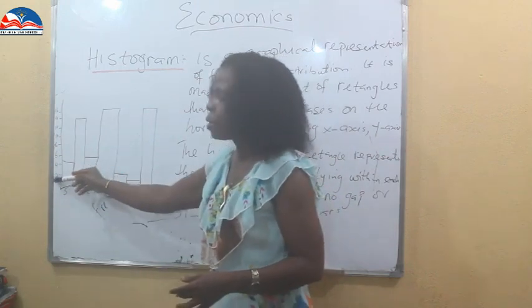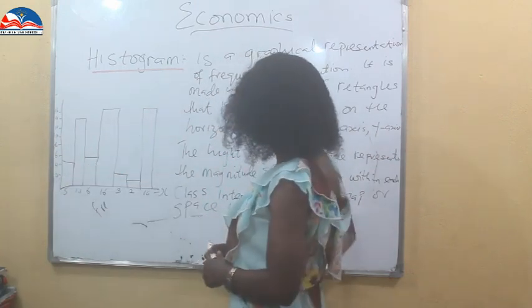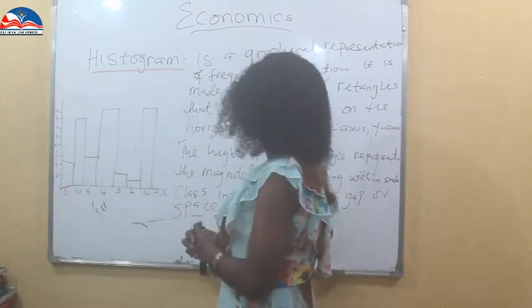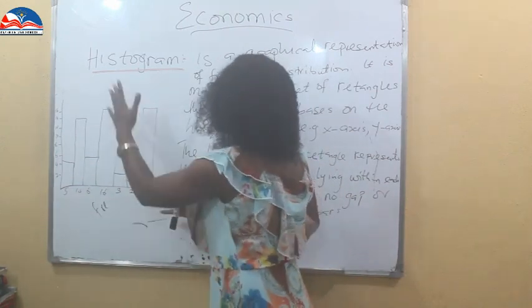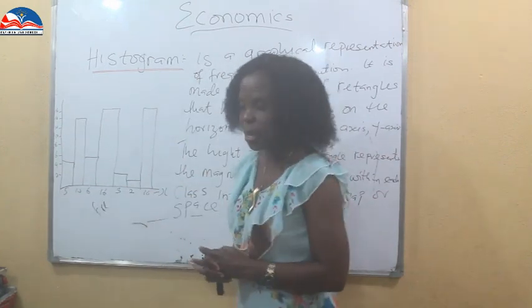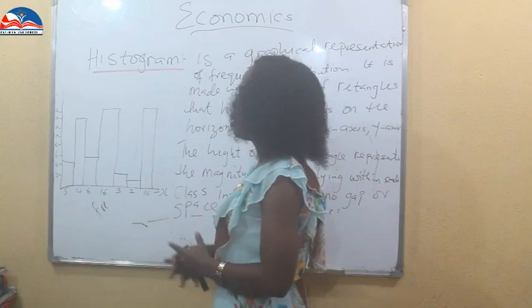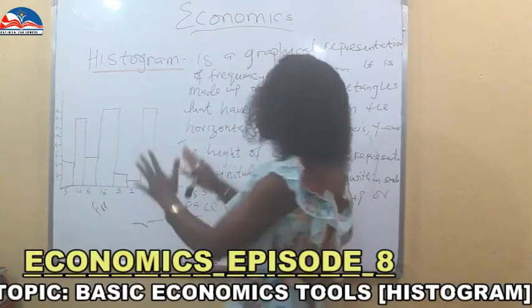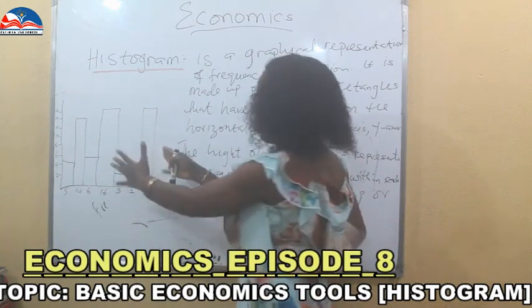I use 2 units here. And so no space between the bars. They are represented by rectangles. Frequency is represented on the vertical axis, where you have the units, and this is the horizontal. This is how a histogram looks.